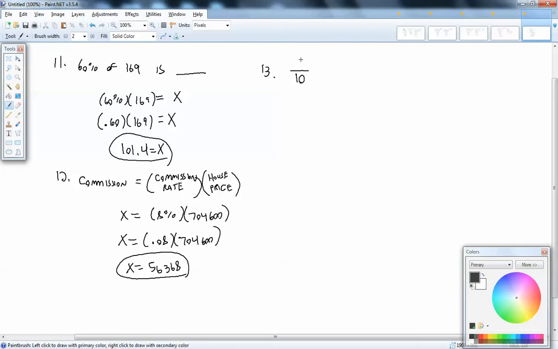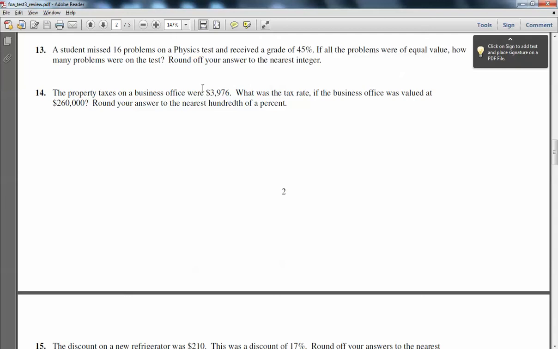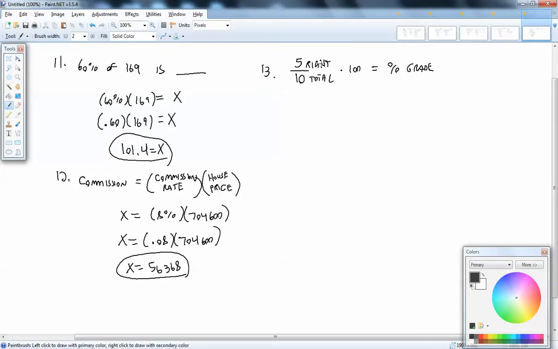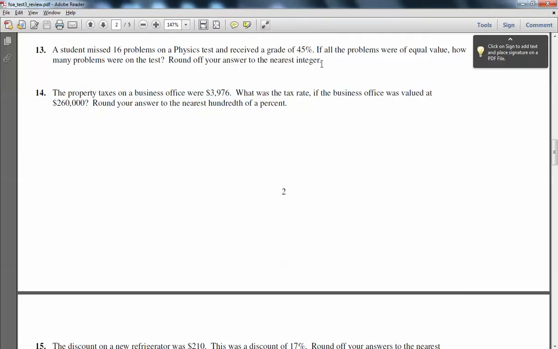If they get 5 right, and this is how many there is total, that times 100 is going to give me my percent grade. And that's not what they're giving us here. The student missed 16 problems. That's not how many got right. We don't know how many there was.